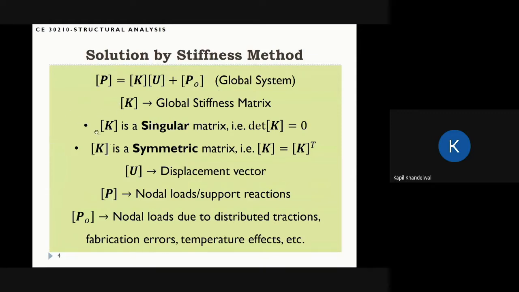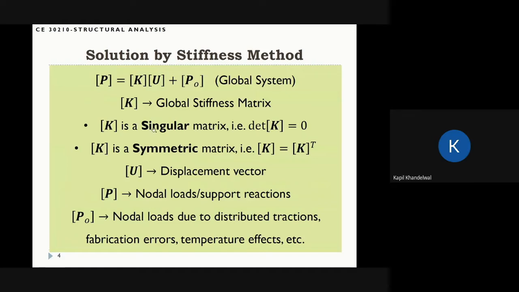So when we are solving the system, some important things that you have to remember is that K is a singular matrix, because when we are looking at the entire global stiffness matrix, this is always singular. Okay, so we never invert the entire stiffness matrix of the system. We invert only the KFF part, but we'll go to that point in the next slide.